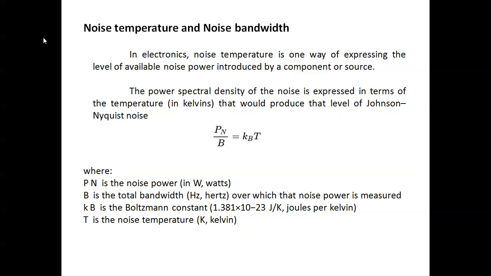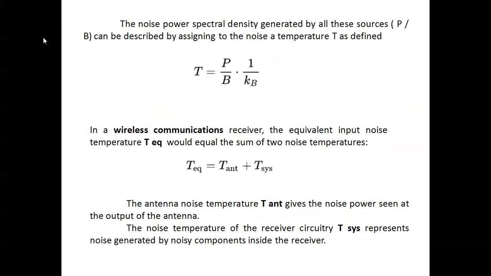So based on this equation, we have to find the noise temperature and noise bandwidth. T is the temperature, and if we rearrange the equation, T equals Pn divided by B, times 1 by Kb. We know Pn is the noise power, B is the bandwidth, and Kb is the Boltzmann constant.